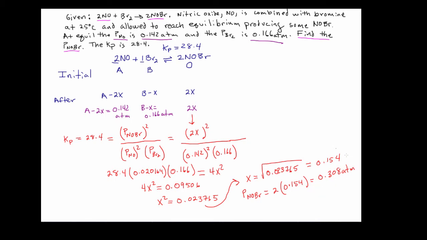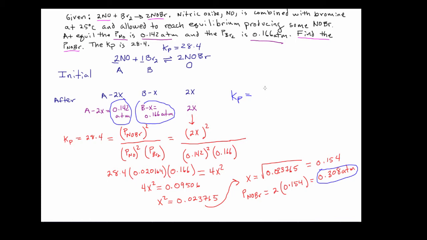Now, I highly recommend that you double check your work. What I mean by that is that we're going to take this value along with the other values, and plug them into our Kp expression and solve for the value, and make sure that it is very close to 28.4.